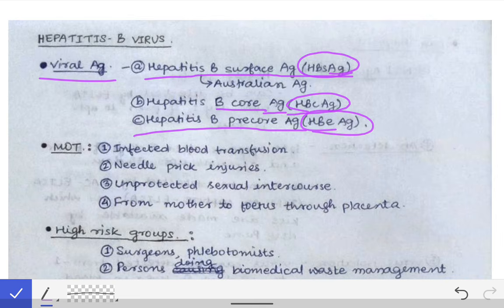Now, how can the hepatitis B virus spread? The mechanisms of transmission are infected blood transfusion.